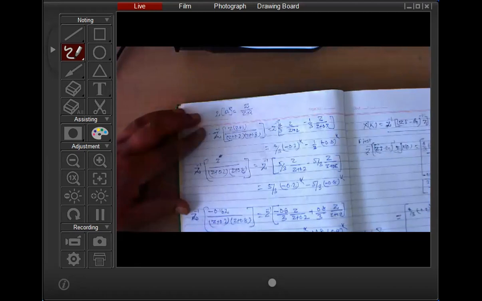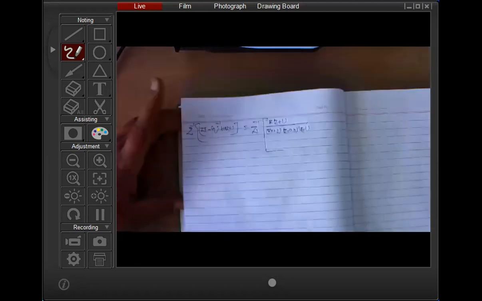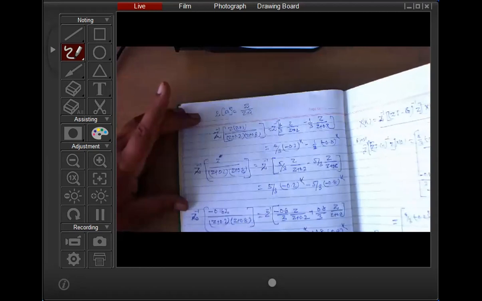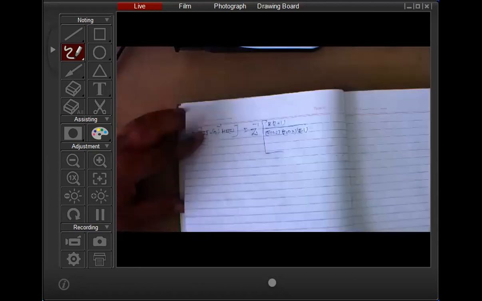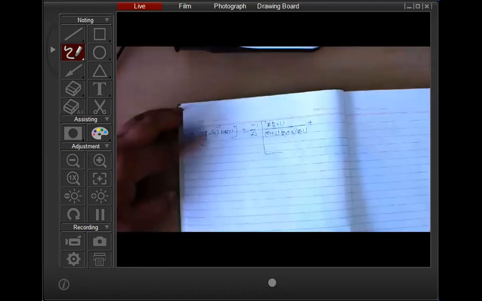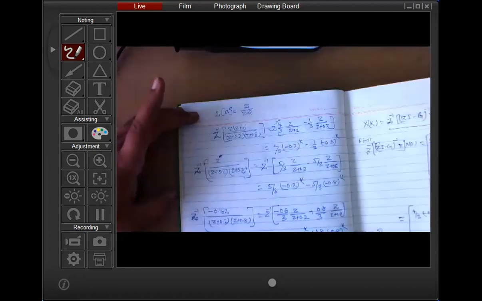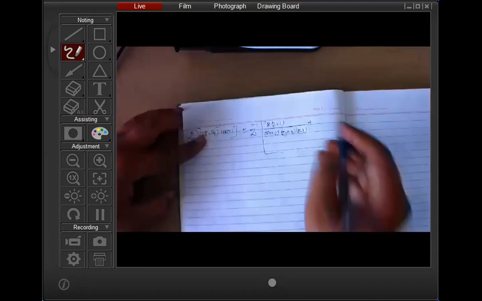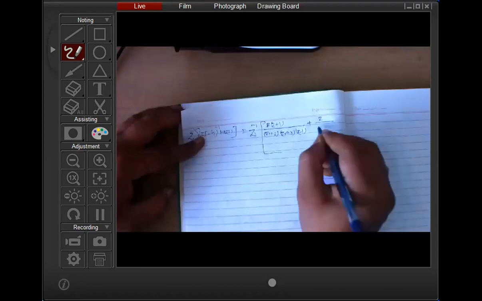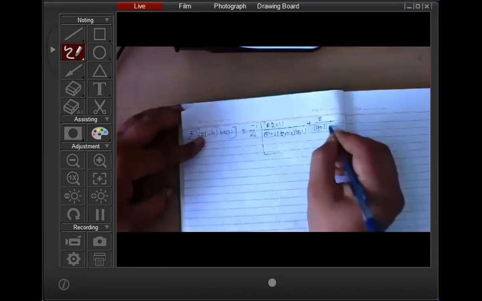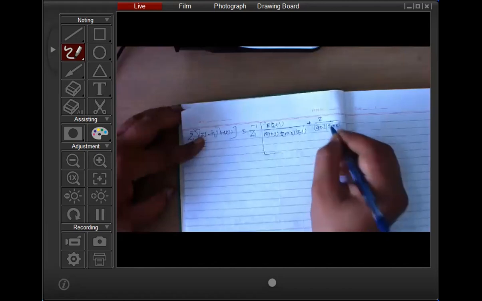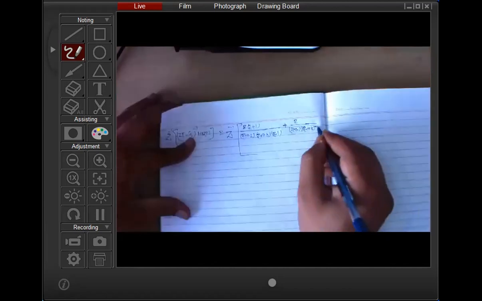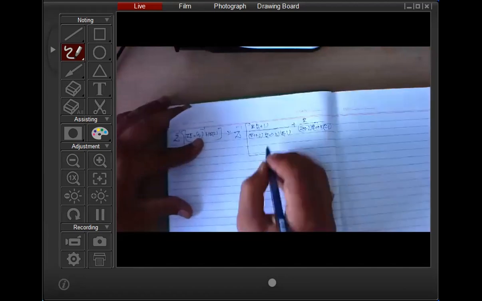And the next element, plus z divided by (z plus 0.2)(z plus 0.8)(z minus 1). Yes or no?